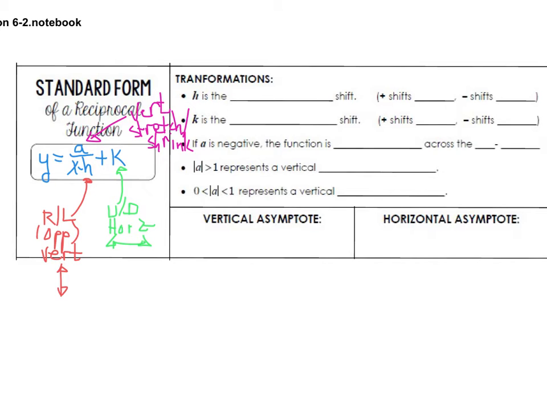So h is your horizontal shift. A positive is going to shift left, so remember that's the opposite of what we think it is. And a negative, a minus, is going to shift right.